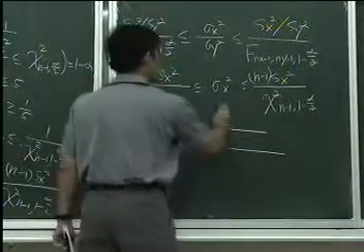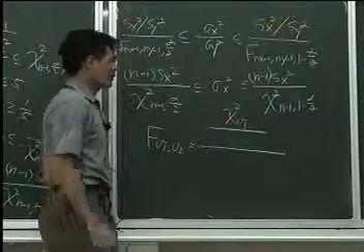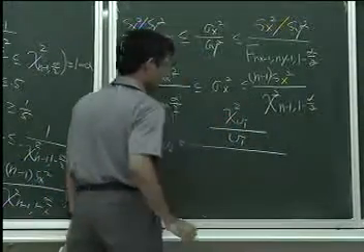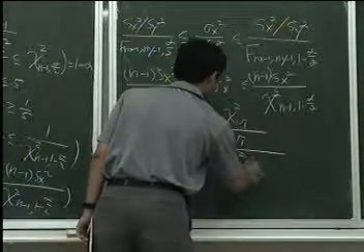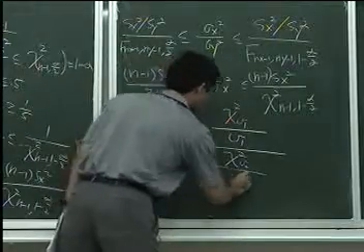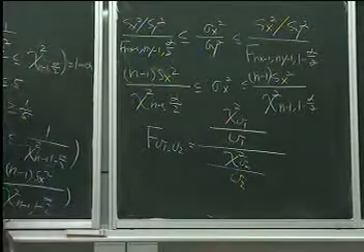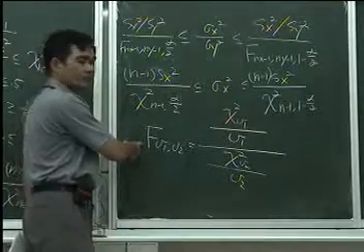That is a chi-square distribution with V1 degrees of freedom divided by V1, and then a chi-square distribution with V2 degrees of freedom divided by V2. This is the F distribution.